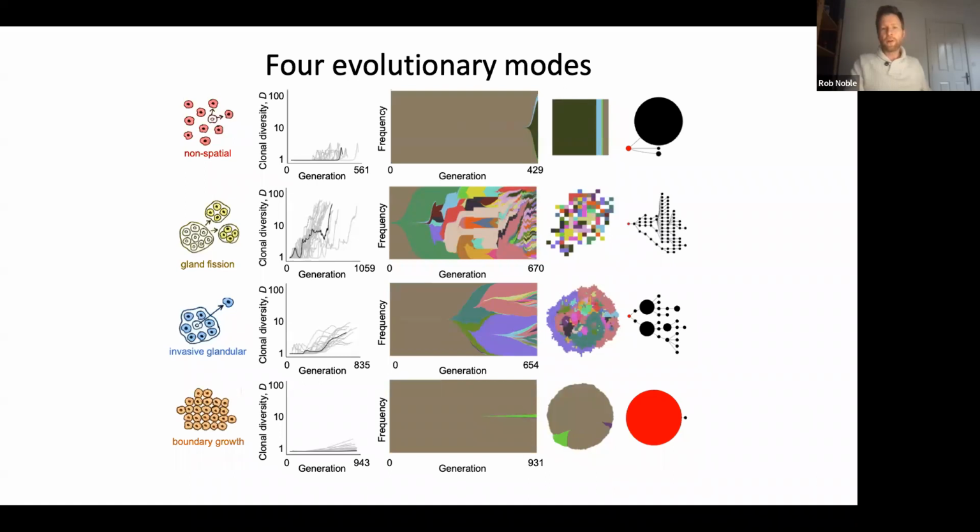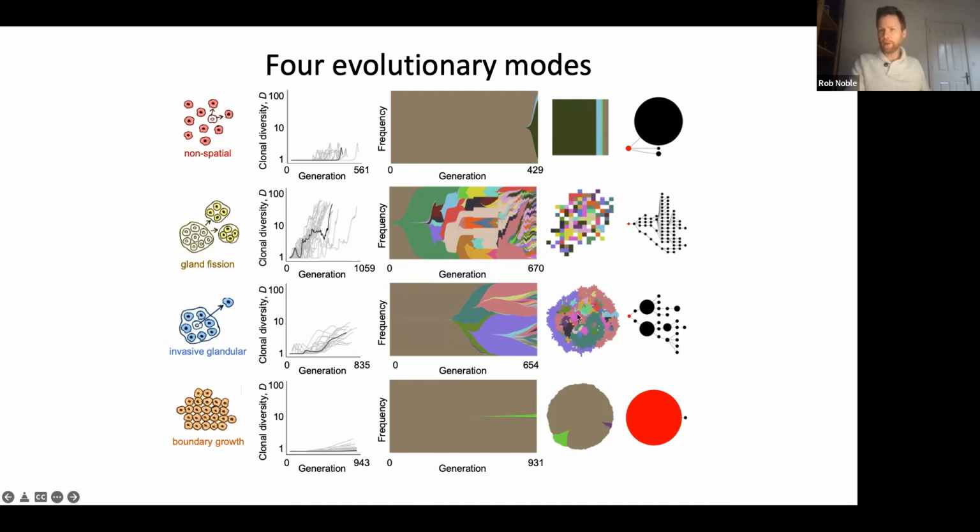Yeah, so the penultimate column is showing you the final spatial layout of the tumor, except in the non-spatial case, where it is just proportions. The reason that it looks pixelated in the case of the gland fission tumor is that each of these patches represents 10,000 cells, whereas in the next row, each of those patches represents, I think, 500 cells.